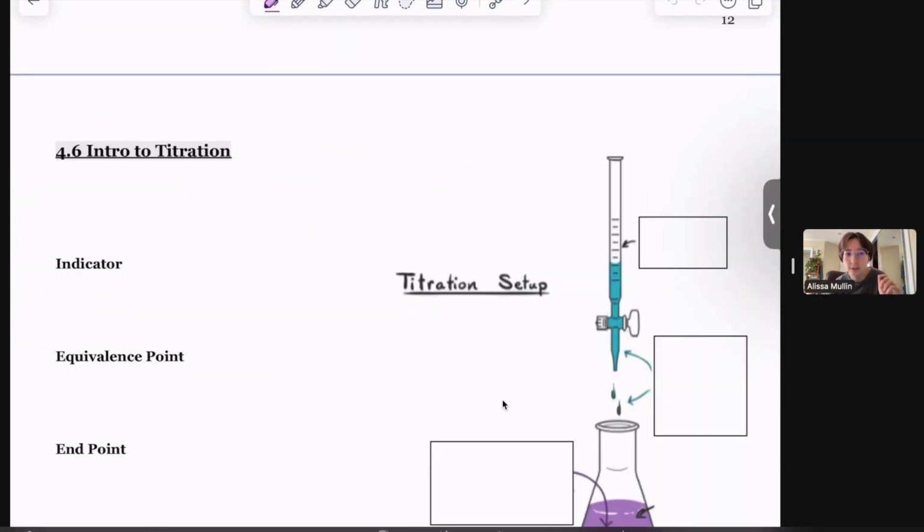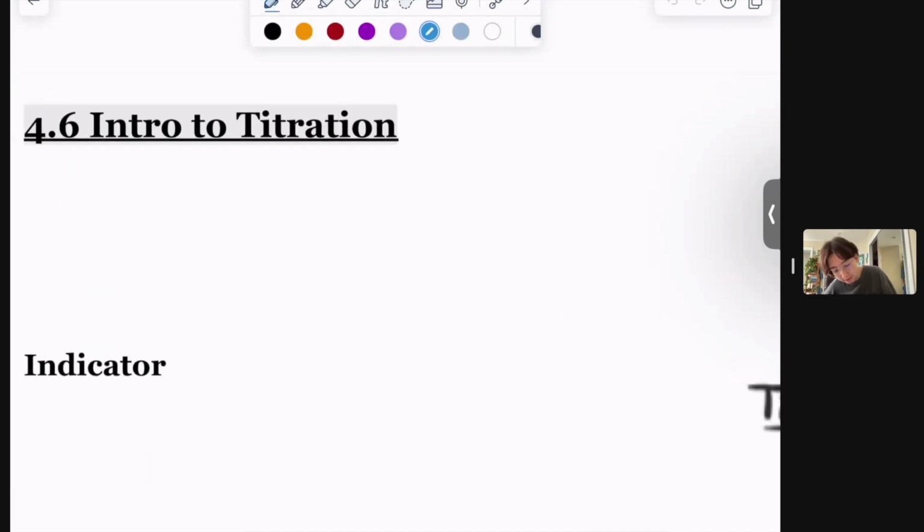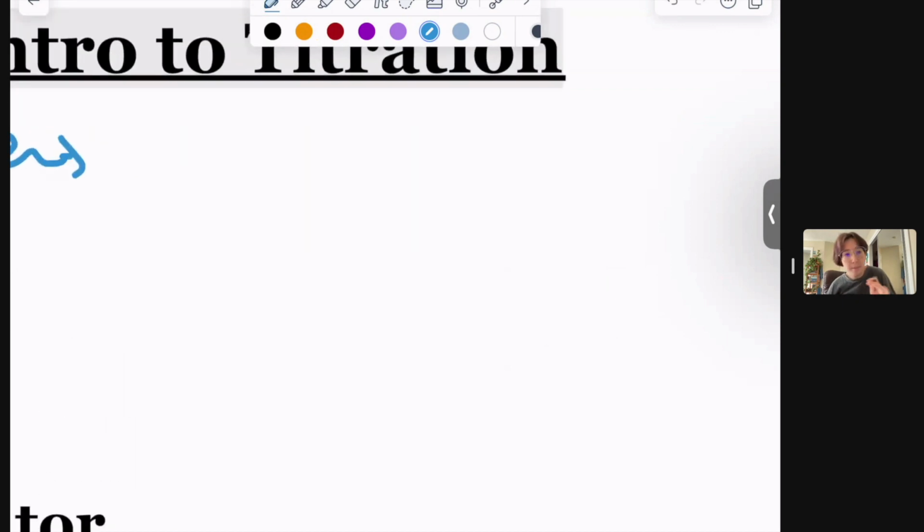The topic I wanted to give a little intro to is titrations. Titrations are a lab technique we use. It's a quantitative strategy, meaning we're trying to get a number for something, to determine an exact quantitative value.